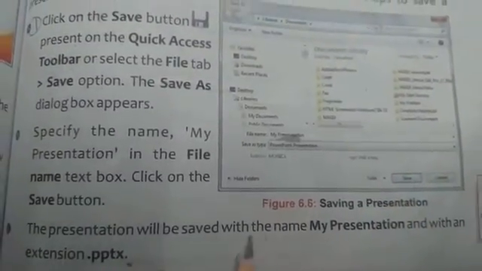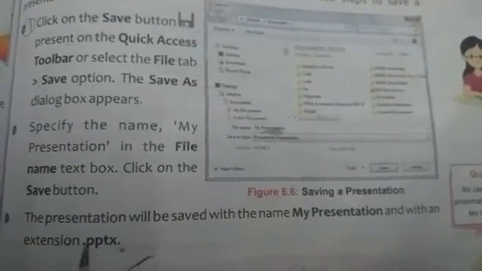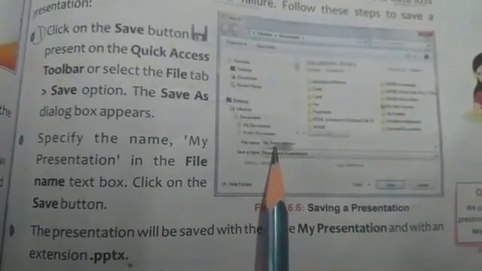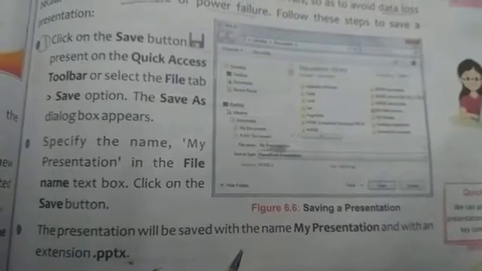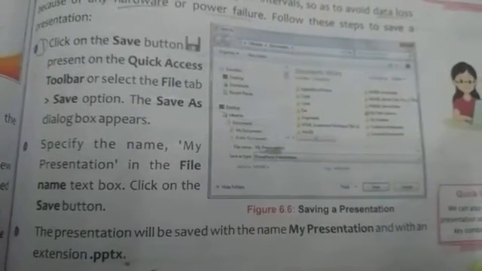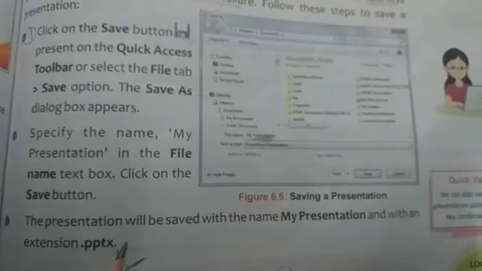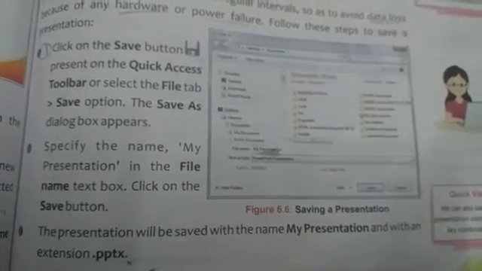The presentation will be saved with the name My Presentation and with the extension .pptx. Whatever name you have given, your file will be saved accordingly. And if we save any file in PowerPoint, its extension will be .pptx.